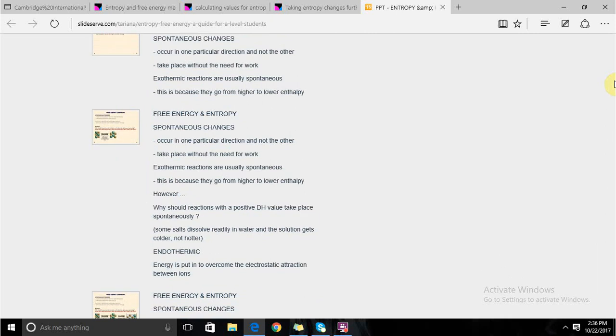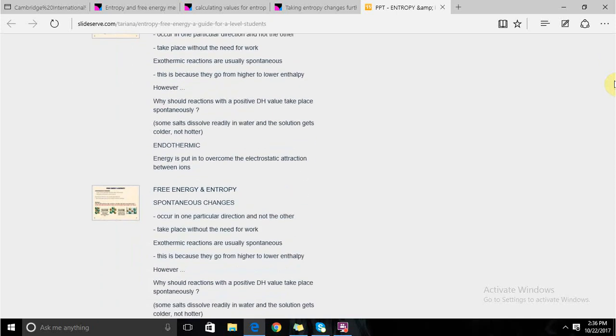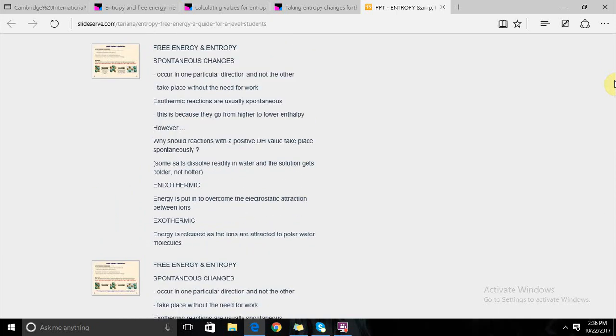And should reactions with a positive H value take place spontaneously? Because some salts dissolve readily in water and the solution gets colder and not hotter. And therefore enthalpy is obviously not the only thing in play. Again, endothermic, exothermic.